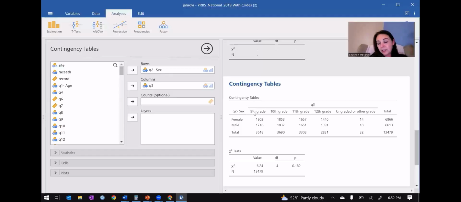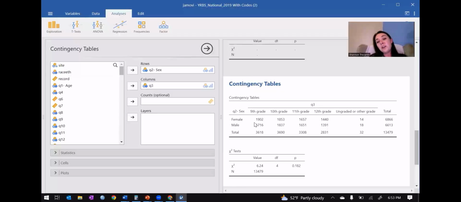What you get here is a contingency table. It's called a crosstabs table. And the way we're looking at it right now is that all of the females are sort of separated into this top row. And it says there's 6,866 females. And then the males are in this bottom row, 6,613 males for a total of 13,479.